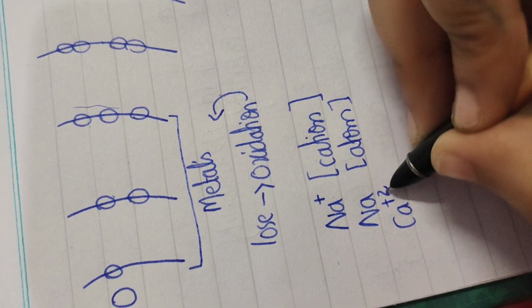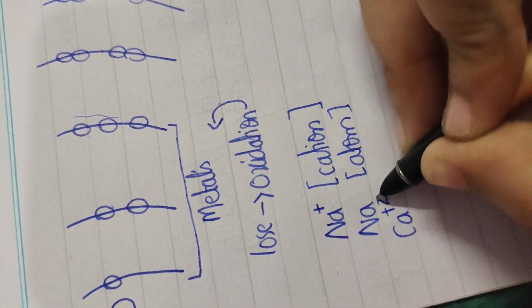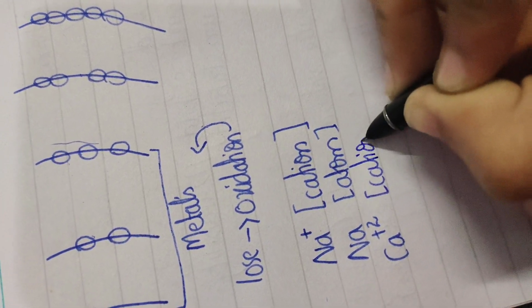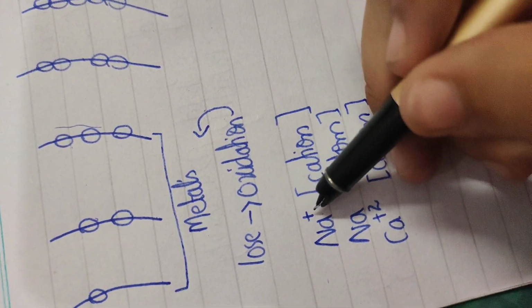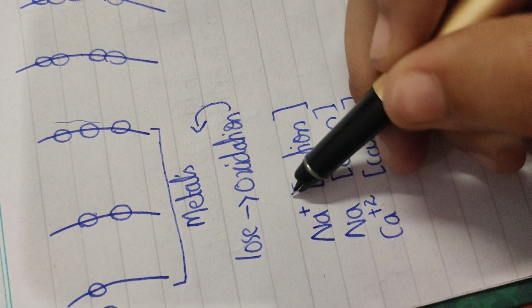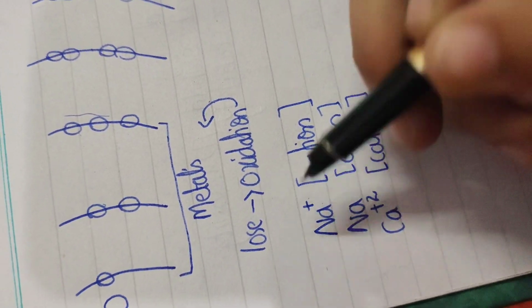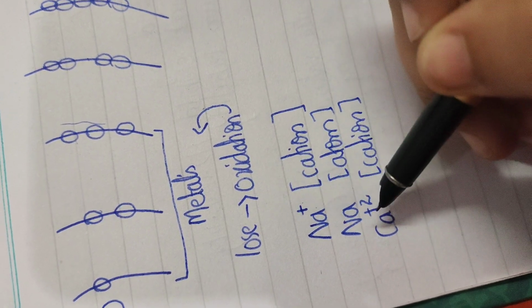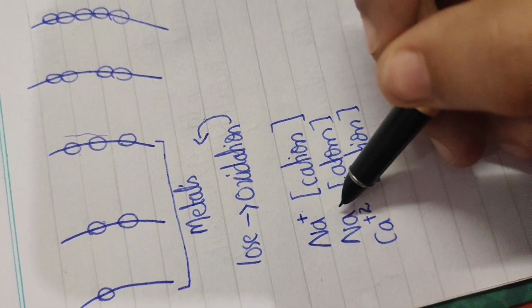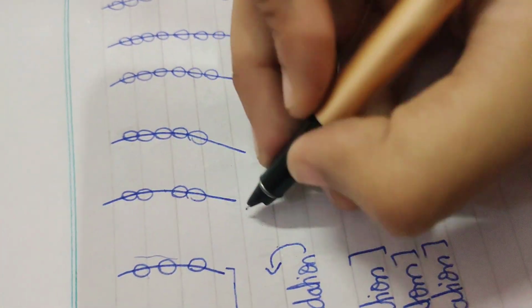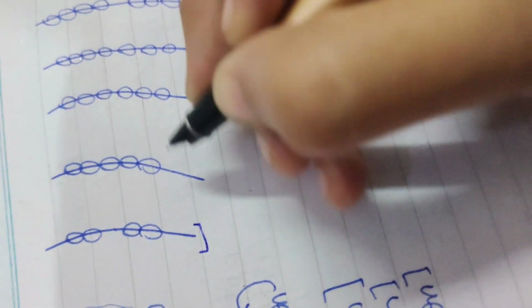Okay, it has lost 2 electrons. So this is also a cation, right? When an element or any metal loses electrons, it will get a positive charge, and that will be known as a cation. Now we are moving on, let's leave this, we'll discuss that.